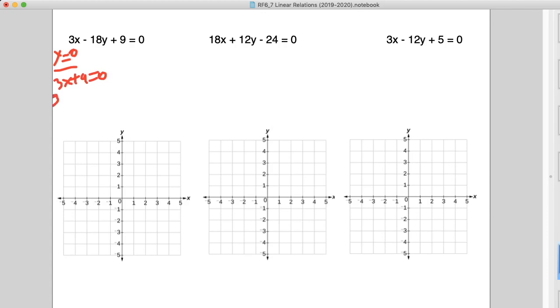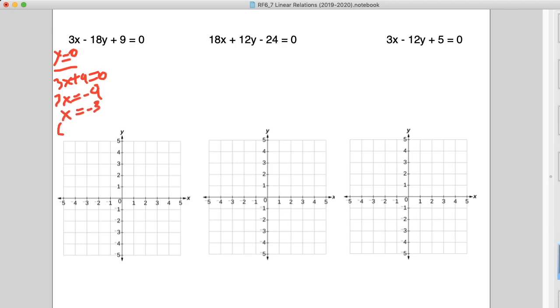We're going to subtract 9 from both sides, so 3x is equal to negative 9. And then I'm going to divide both sides by a positive 3. And I'll have x is equal to negative 3.